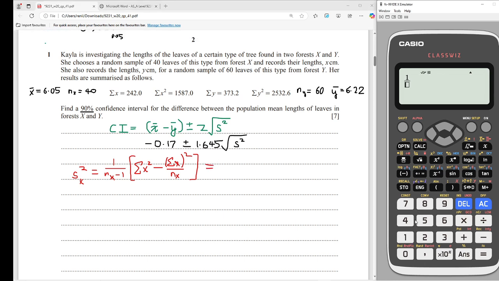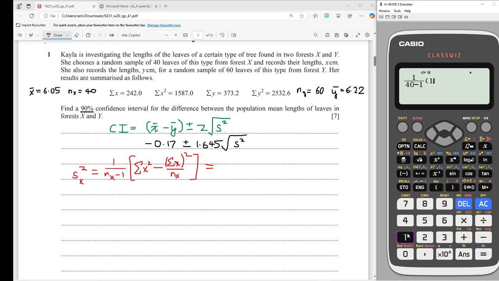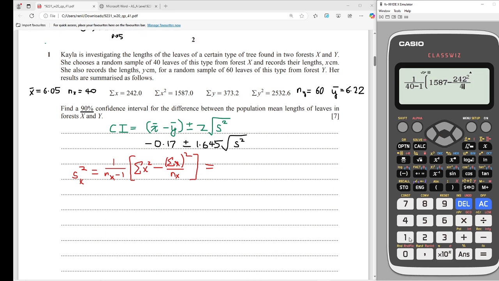We have here 1 over 40 minus 1, multiplied by the sum of x squared, which is 1587, minus the sum of x whole squared, 242 whole squared, divided by 40.